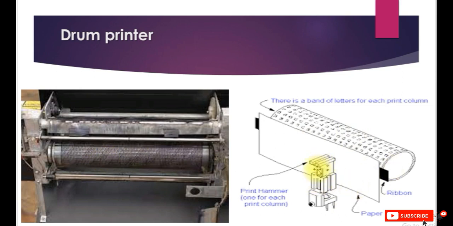Alright, so here you have the print hammer, and this of course would strike the print media. The print media here now being the paper and the ribbon, and that striking would cause the respective characters to be imprinted on the paper. This is not one of those printers that would have been all that popular back then.